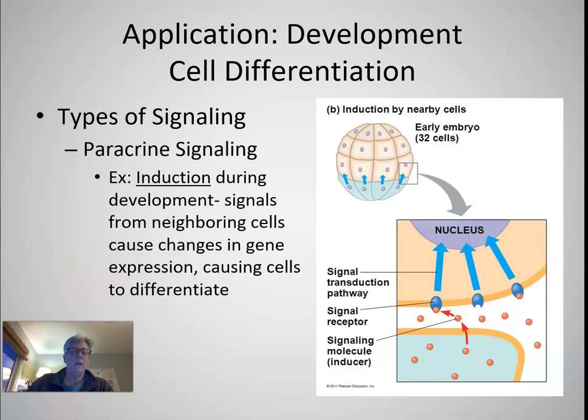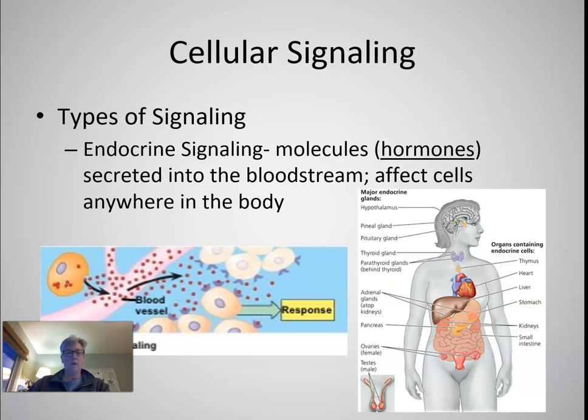Then endocrine signaling. We've got autocrine, juxtacrine, paracrine, and now endocrine. Endocrine signaling is when hormones are used. You've probably heard of the endocrine system of our bodies, which is all about the hormones. The signaling molecules are the hormones.